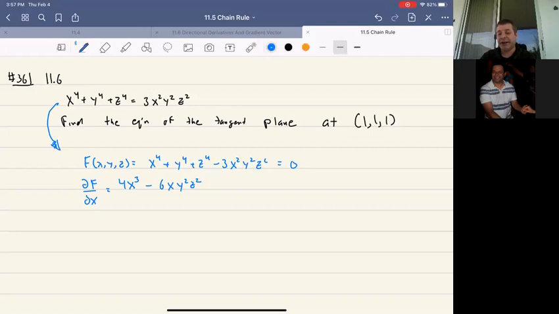Okay, so now, let's take it at 1, 1, 1. That's going to be 4 minus 6, negative 2. This is also going to be negative 2.